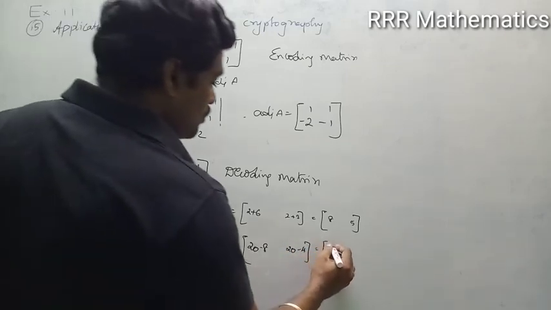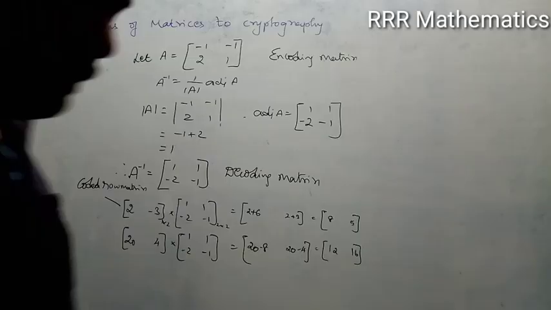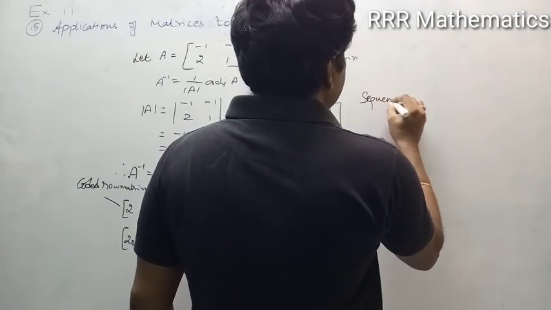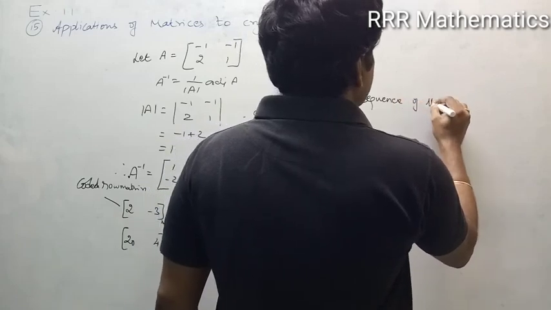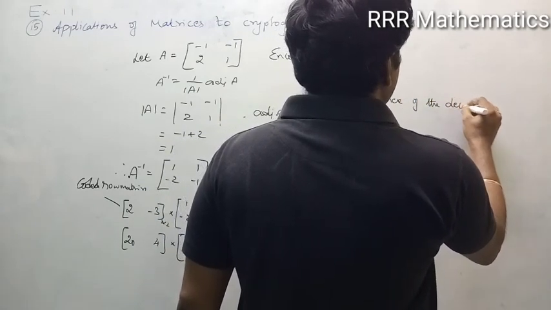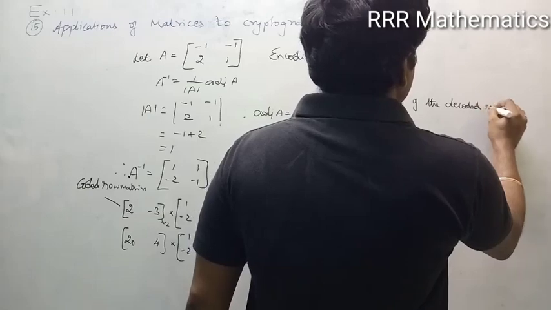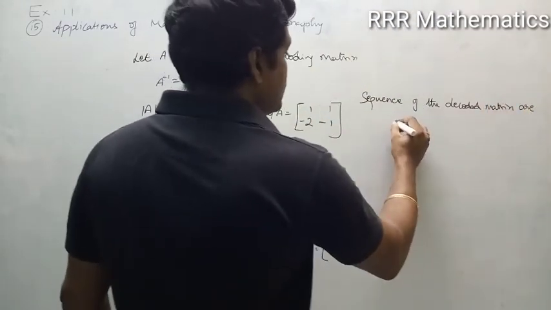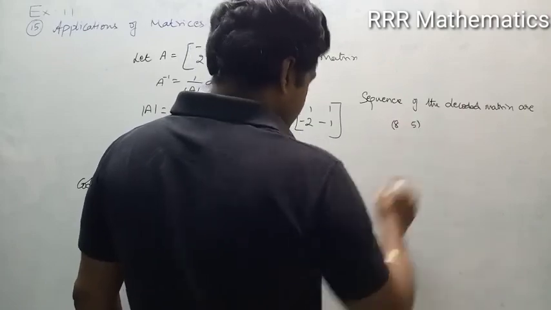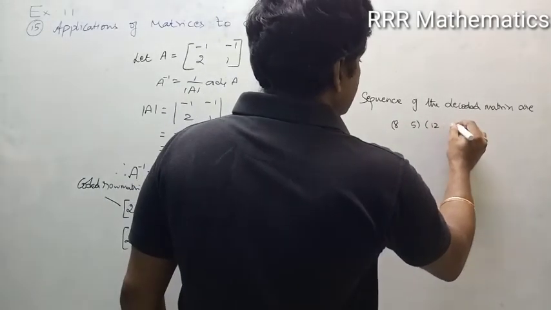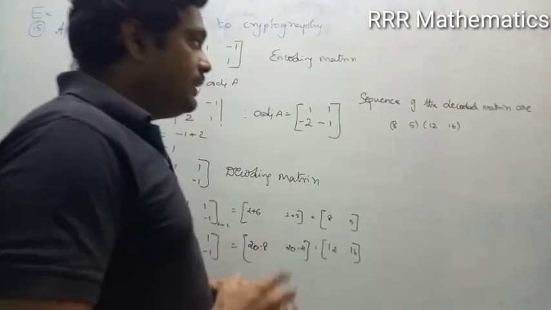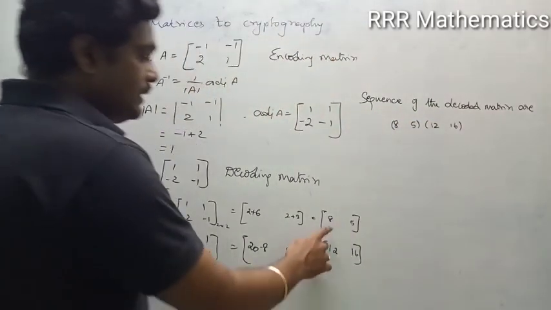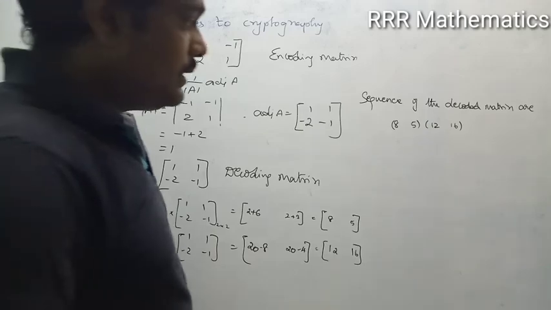It gives 12 and 16. Therefore, the sequence of the decoded matrix is 8, 5, 12, 16. I will repeat: in this case, the sequence of the decoded matrix is 8, 5, 12, 16.